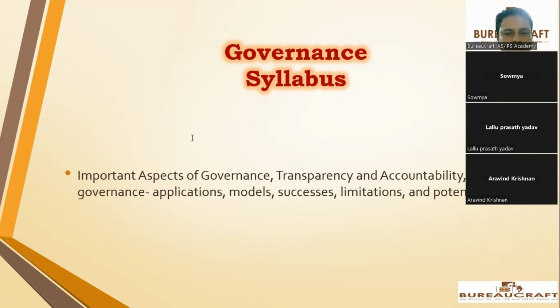Now you have this word transparency. Okay, so you have to read that book. In that book, they have talked about transparency. Okay, there. What is the meaning of the word transparency?